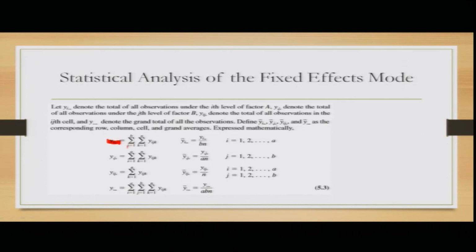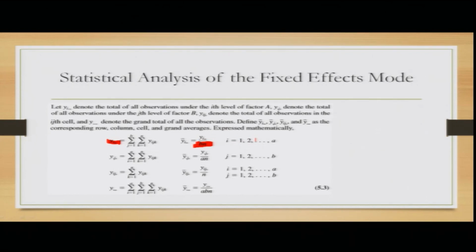So j is summed from 1 to b and k from 1 to small n, and the denominator is the total number of observations over the second and third dots, that is b into n, while i changes from 1 to small a.